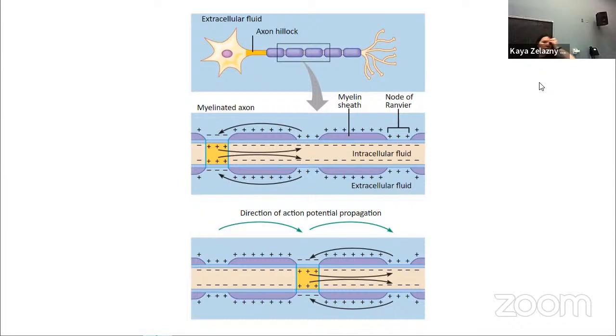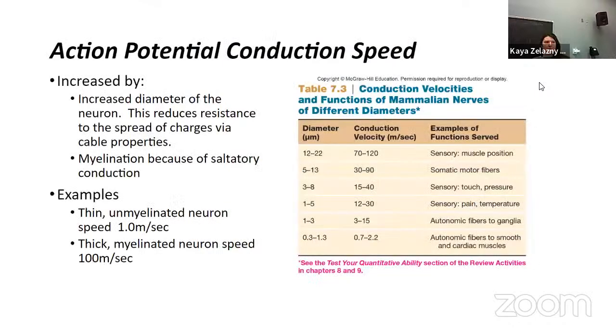So here we have actually an example of some of our different conduction velocities. So how fast this action potential is for specific kinds of functions. So action potentials can be sped up, their conduction is sped up by adding myelin. Also, if you make a neuron wider, if you increase its diameter, make it fatter, that actually also speeds up conduction.